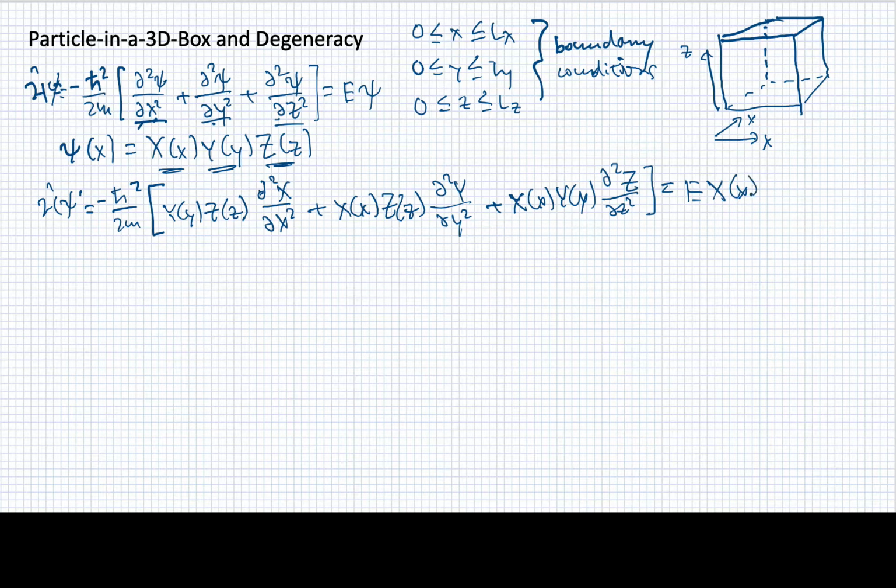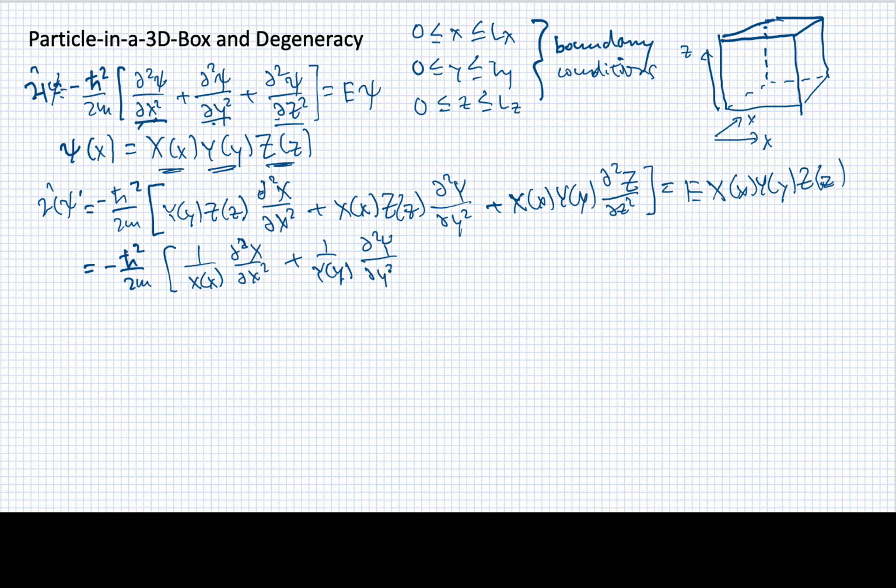Now if I divide through by this wave function, I'll end up with three terms that will be a little bit simpler, not much, but a little bit. 1 over X of x times the second derivative of X with respect to x, plus 1 over Y of y times the second derivative of Y with respect to y, plus 1 over Z of z times the second derivative of Z with respect to z, is equal to just our energy.